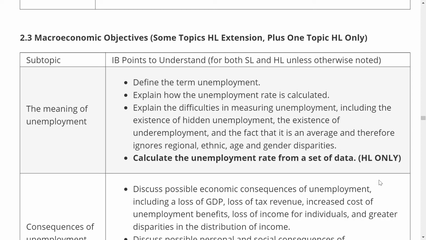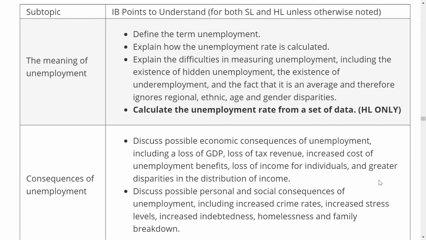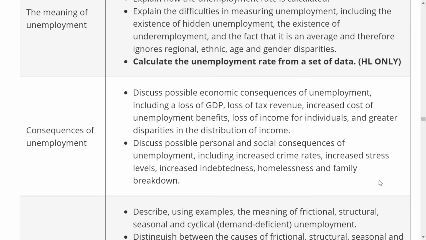Now, the meaning of unemployment, well, it's quite easy. Unemployment is the state in which a worker is not working, however, he is seeking work, and is unable to find work. So that's the meaning of unemployment. Consequences of unemployment, for example, are a loss of government revenue, a loss in tax revenue, and the cost of unemployment benefits.